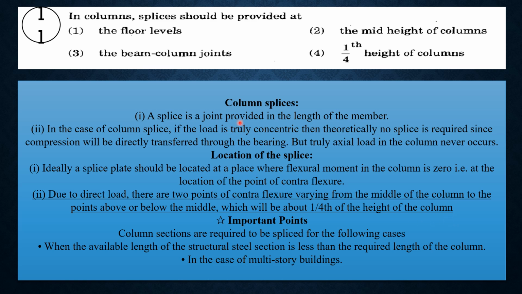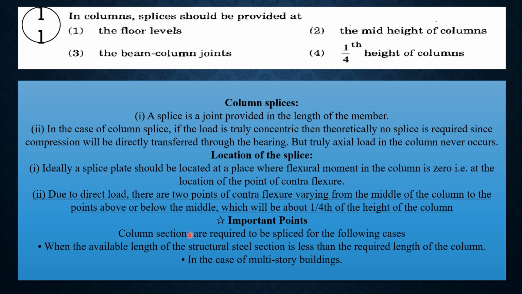So what are column splices? A splice is a joint provided in the length of a member. In the case of a column splice, if the load is truly concentrated, then theoretically no splice is required in compression, as the load would be transferred directly through bearing. But truly axial load in a column never occurs.